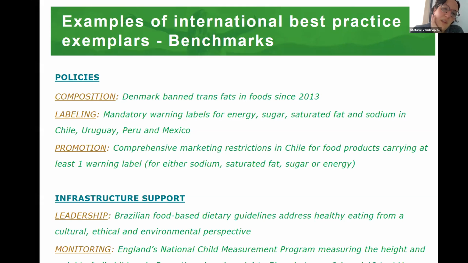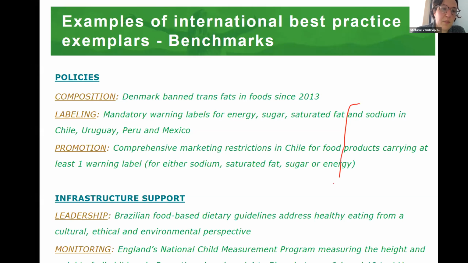But so for each of the indicators, so for the 47 indicators, there are best practices that are selected from countries having introduced and implemented such policies. For some indicators, there's one really best practice. For others, there are actually quite a few.